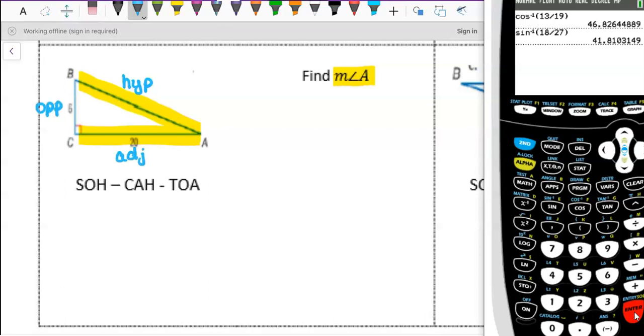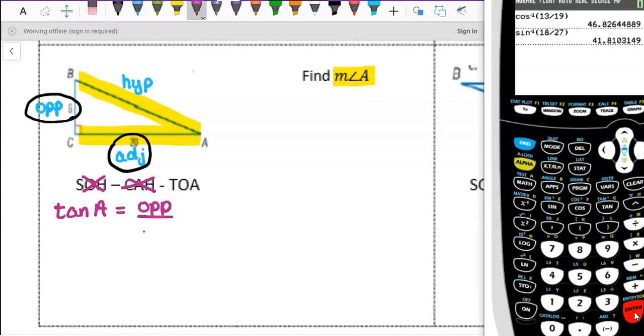So I have a number for the opposite, and I have a number here. I have no hypotenuse. So eliminate any trig function that needs the hypotenuse, and this time we need to use the tangent. The tangent of my angle equals opposite over adjacent.